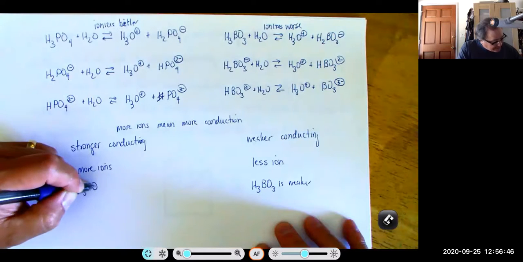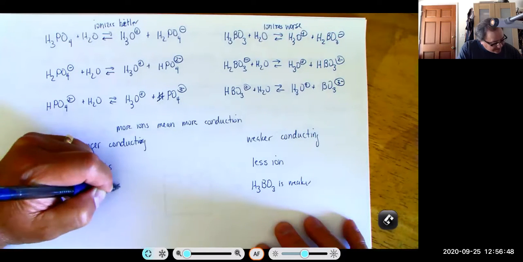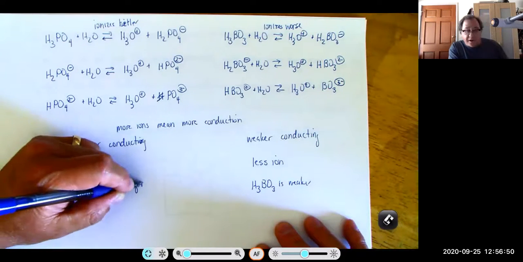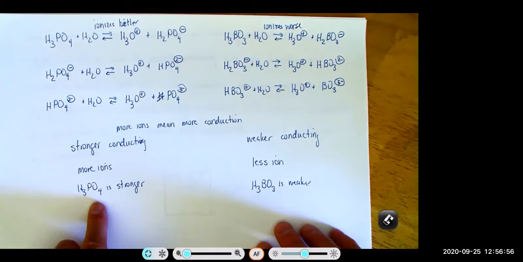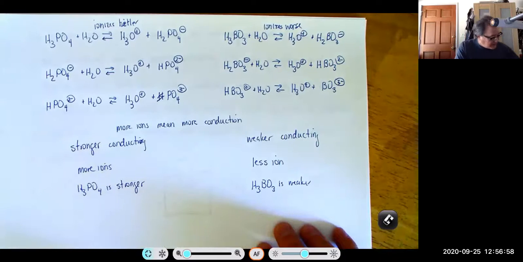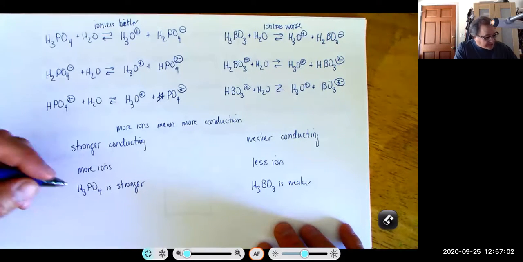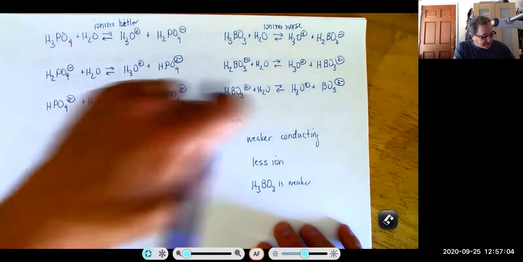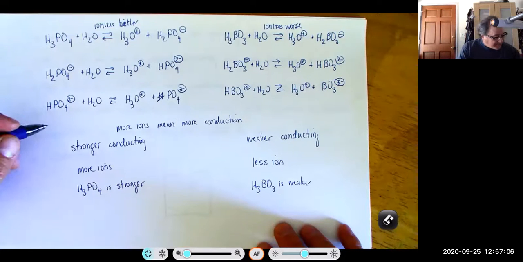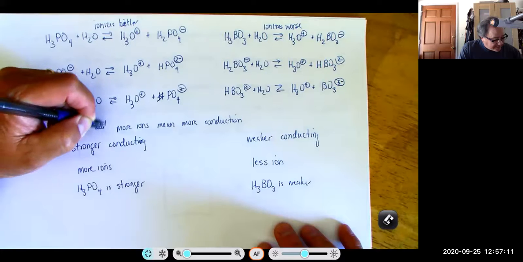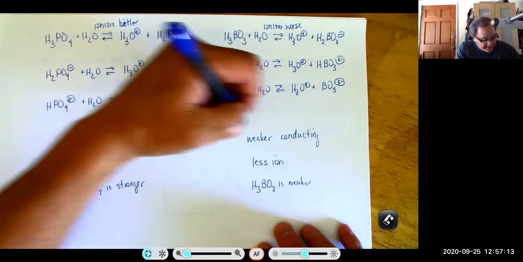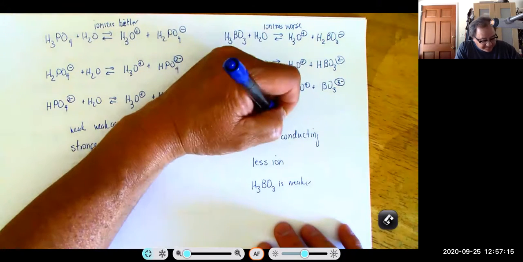Now, what I'm writing here, am I saying that phosphoric acid is a strong acid? No, I'm saying it's stronger than boric acid. So maybe one of the things we could add is stronger conducting, weaker conducting, but this is weak, so it's a weak acid, and this is weak, so it's a weak acid.